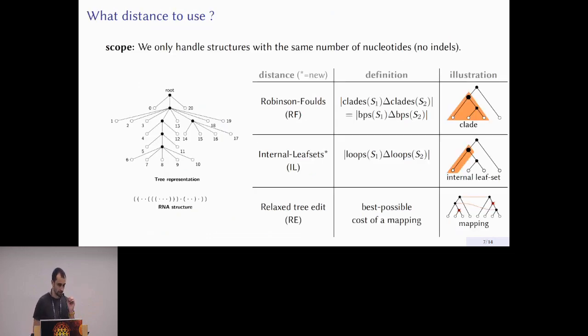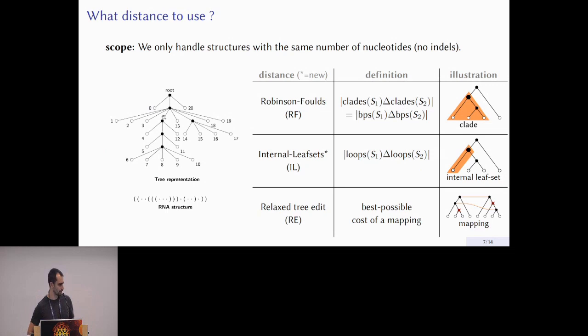As I was saying, in both of these previous definitions, there is a notion of distance that we need to specify. We worked with three different distances. All of them are based on a tree representation of RNA structures. Thanks to the well-nested property of base pairs in non-crossing secondary structures, there is a tree-like shape of the structures.